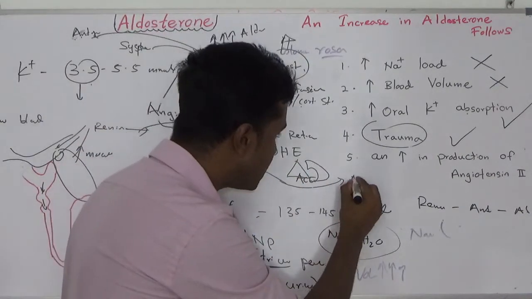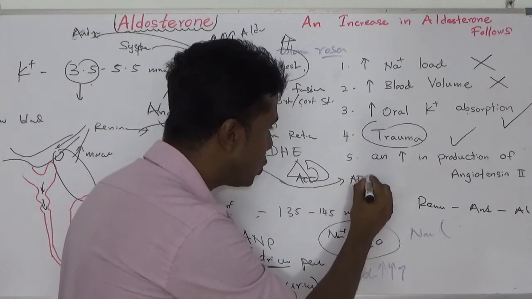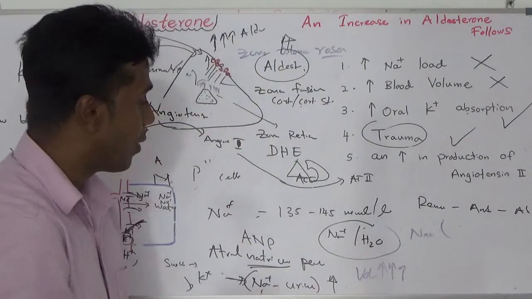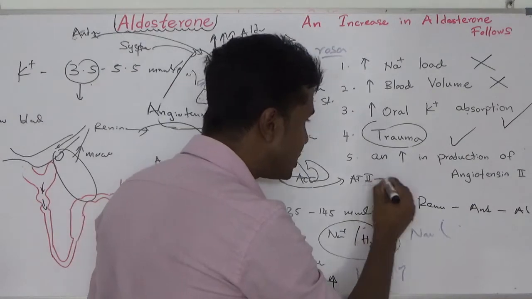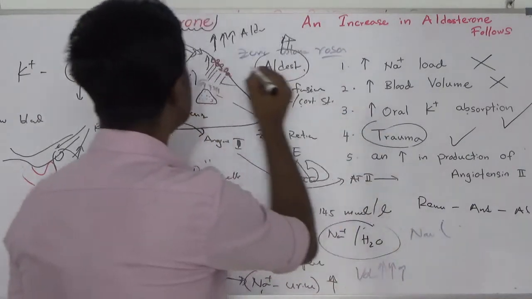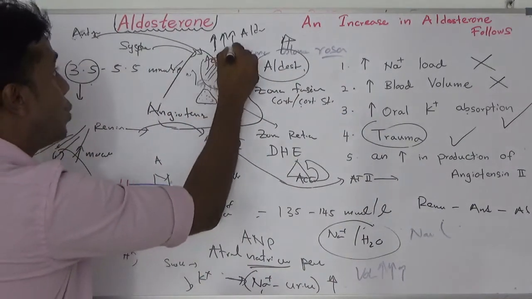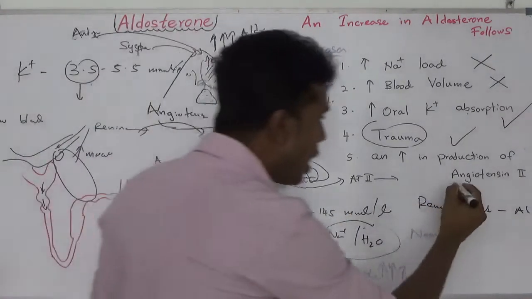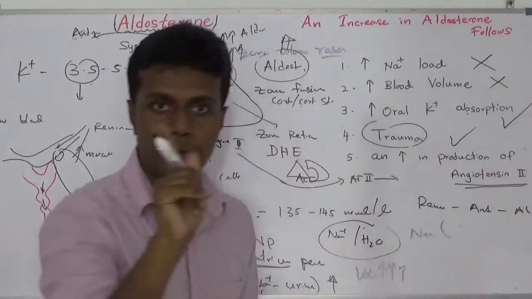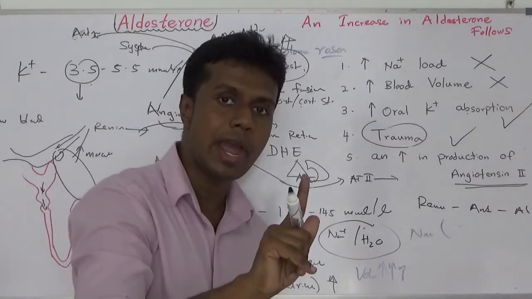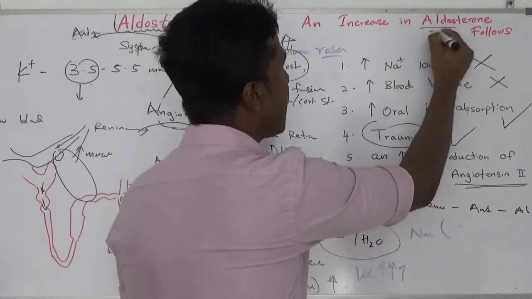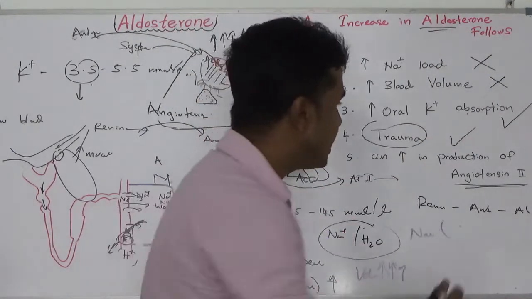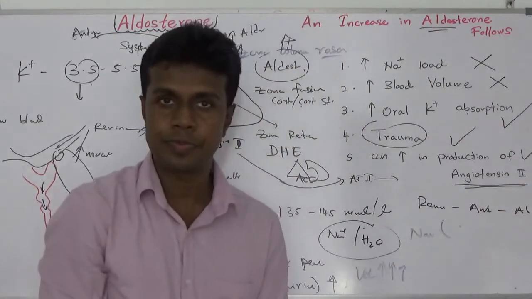Now it becomes angiotensin 2. What this angiotensin 2 does is, it goes and stimulates your adrenal cortex and increases aldosterone secretion. So if you have a high angiotensin level in your blood, you can have an increased level of aldosterone. That's also true.